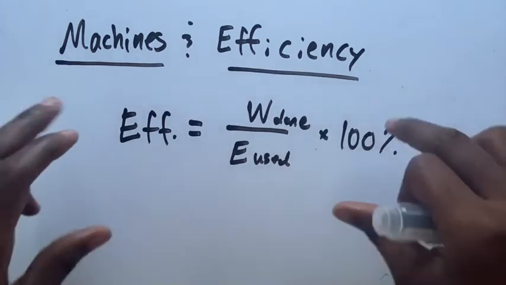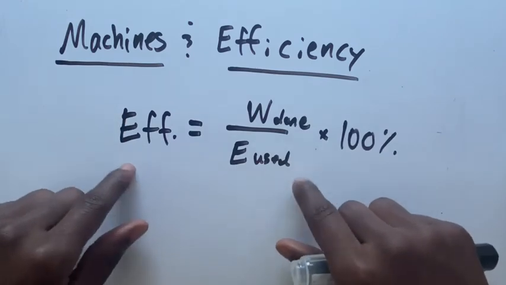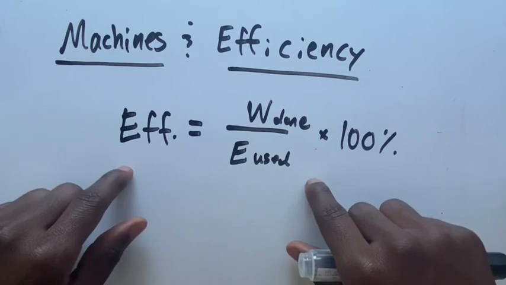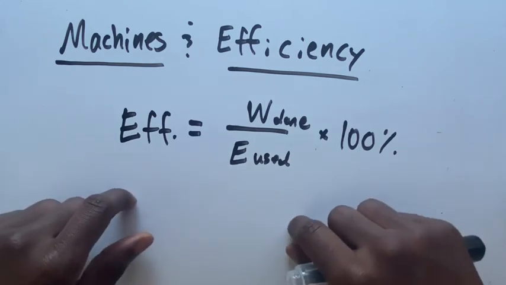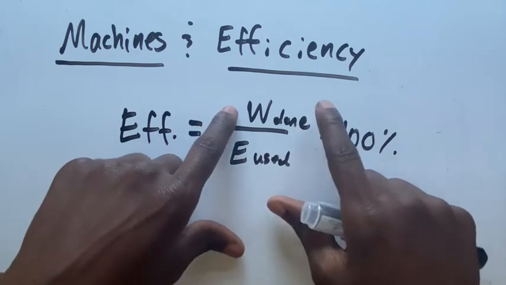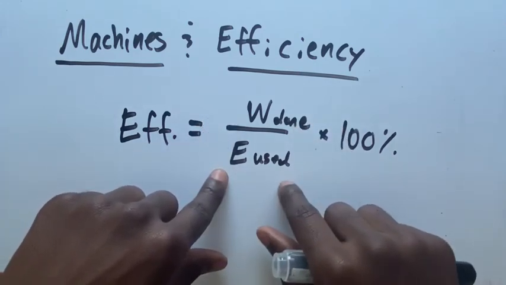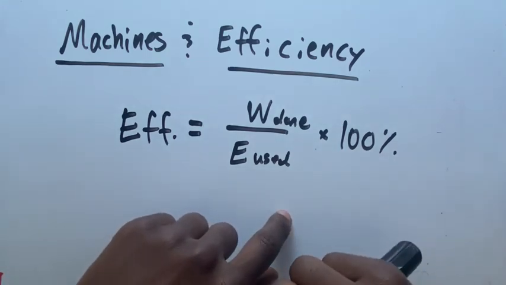I'm just going to give you the equation for that. I don't think you'll get so many questions on efficiency, but if you do, it's the amount of work that was done divided by the amount of energy that was used, times 100%.